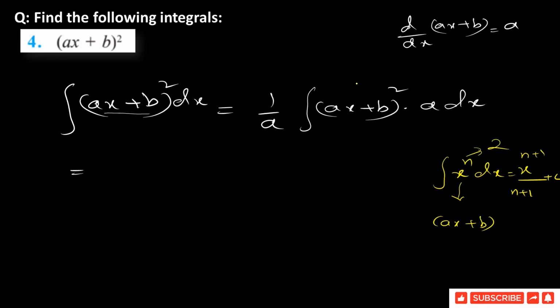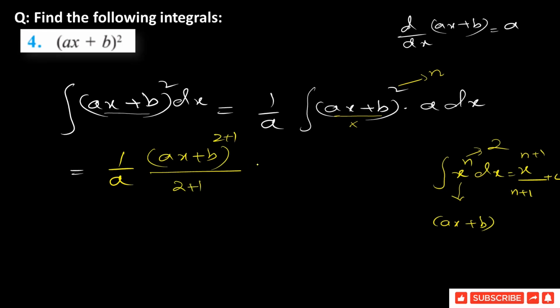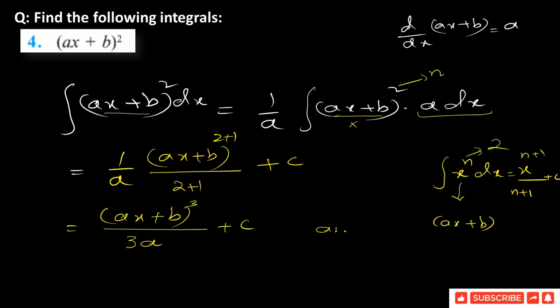This is n, and this one is x. So 1 by a into ax plus b whole power 2 plus 1 over 2 plus 1 plus c, because this is the derivative and this is the function itself. Now we write ax plus b whole power 3 upon 3a plus c is the answer for this question.